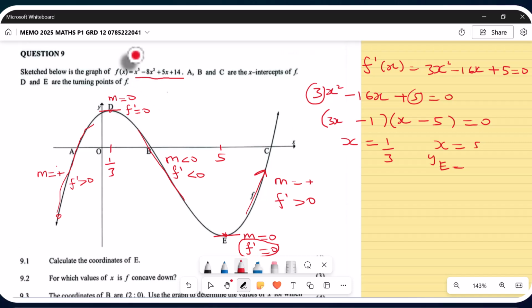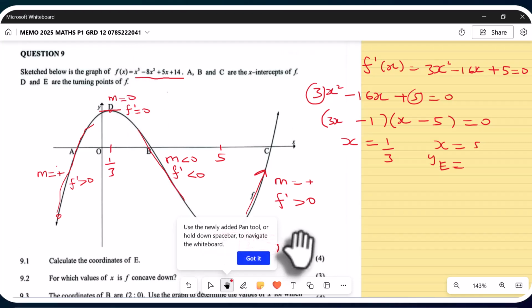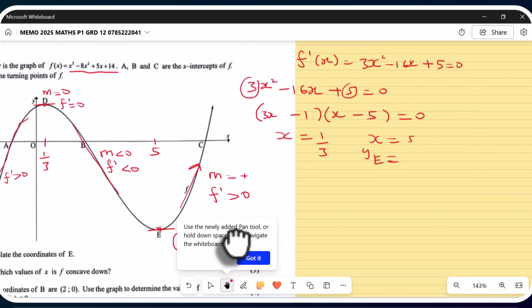So we say 5 cubed minus 8 times 5 squared, plus 5 times 5, plus 14. Here it gives me negative 36.